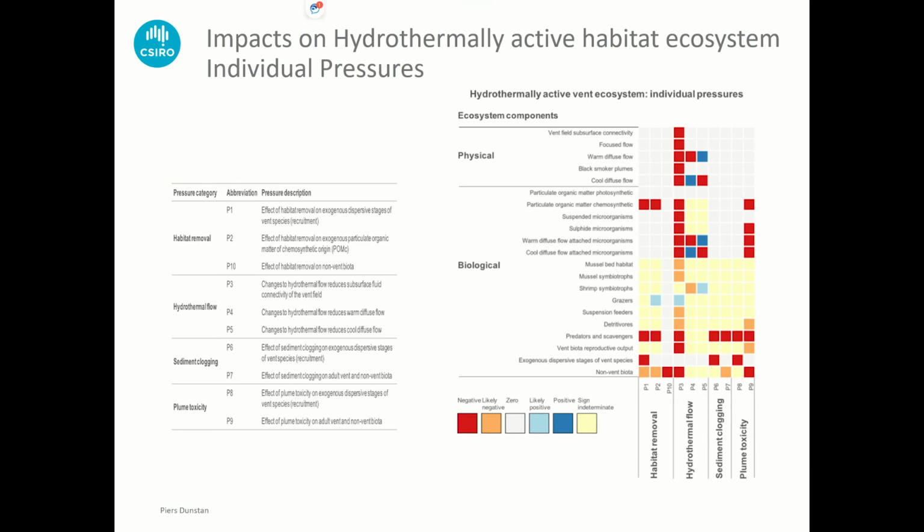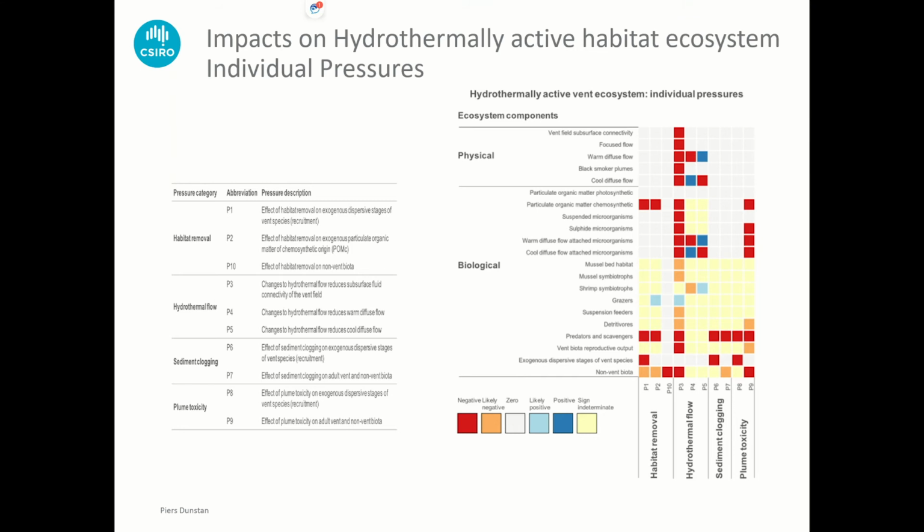Each of the different pressures that went into the system fell into 4 categories: some form of habitat removal, some variation in hydrothermal flow underneath the vent and into the adjacent vents as a result of the mining activity, some sort of sediment clogging where sediment is discharged and falls on adjacent species, and plume toxicity, a variety of different impacts of potential plume toxicity.